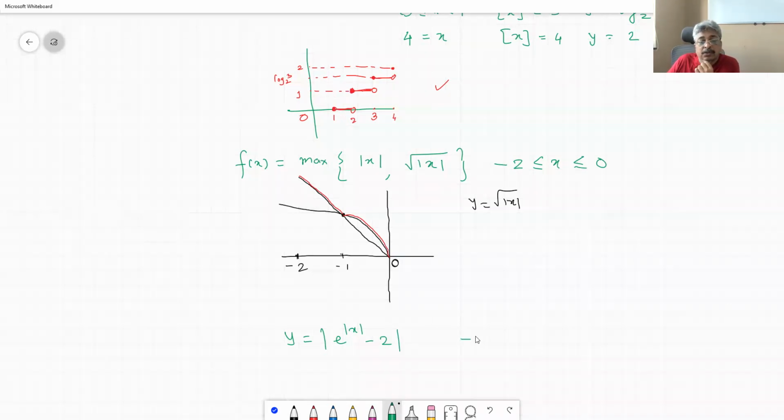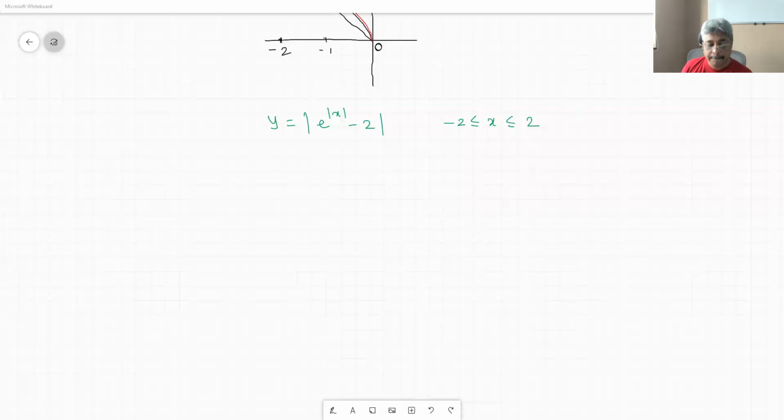Say minus 2 less than or equal to x less than or equal to 2. Between minus 2 to 2 we are supposed to sketch.